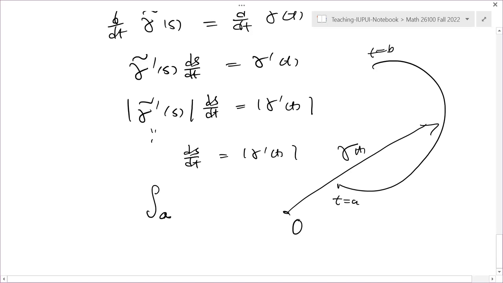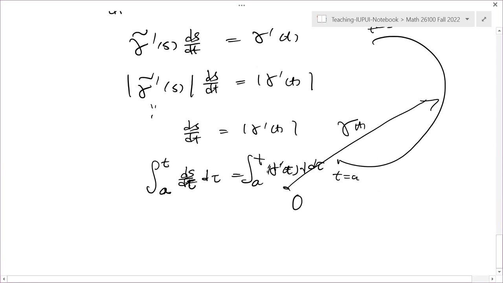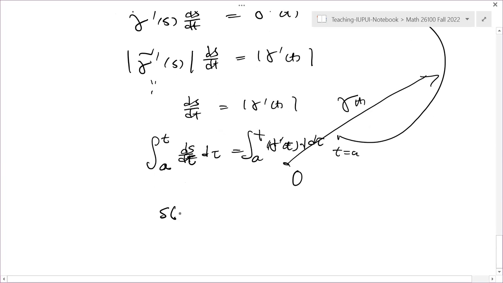I integrate on t, using tau as the variable, the integral from a to t. The left-hand side is f of t minus f of a. The right-hand side is this. What does that mean?